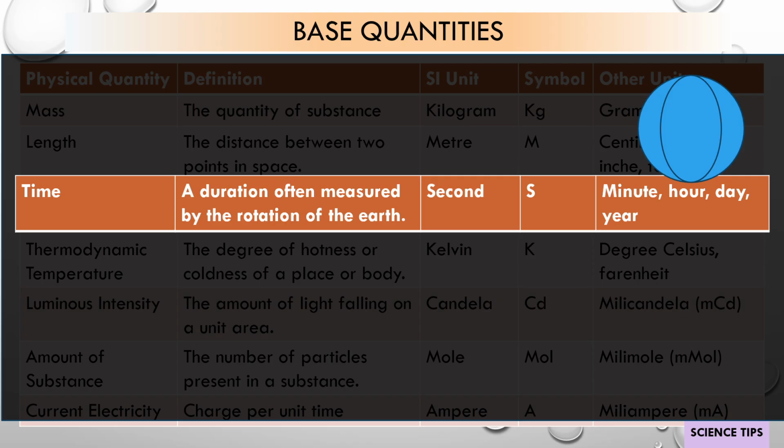So they divided that day and night into 24 equal parts, called it 24 hours, and if you divide the hour by 60 and then by 60 again, you get 1 second. This 1 second was agreed upon by the scientists to act as the SI unit of time. The other units for measuring time include the minute, hour, day, year, and all that.